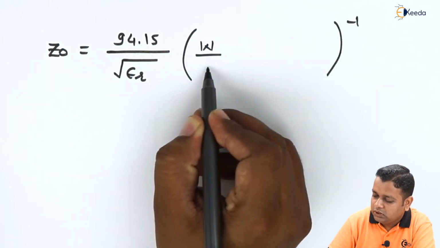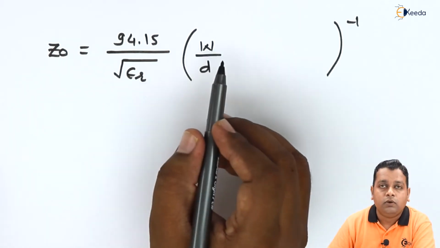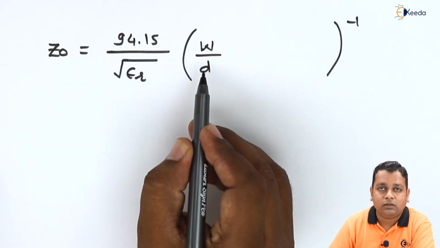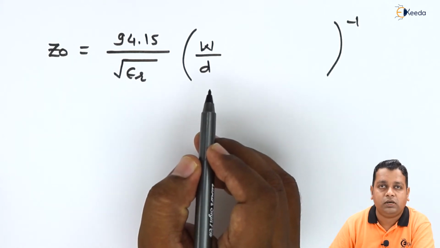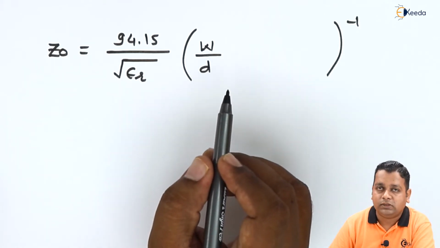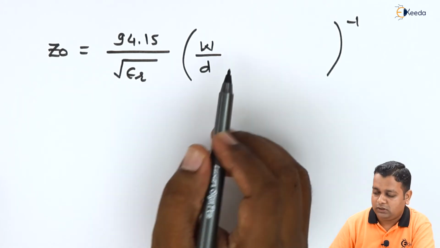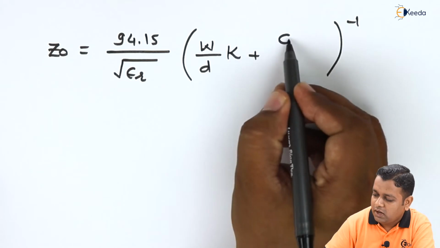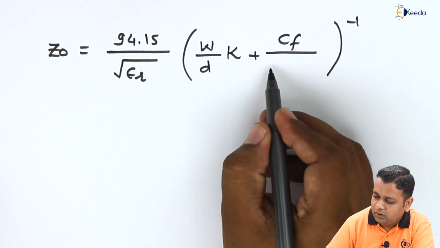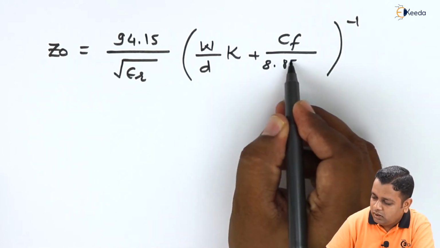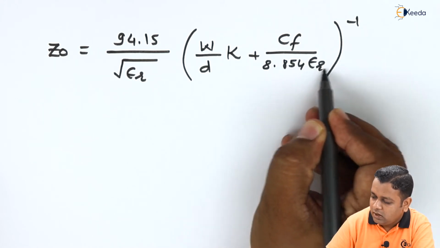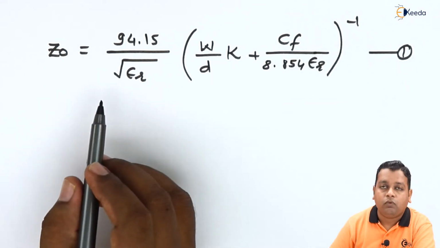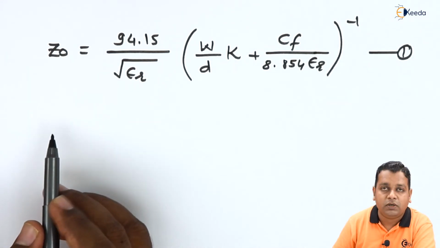The first term is the ratio W by d, where W is the width of the strip conductor, whereas d is the height that separates the two shielding planes that protect the strip conductor. This is multiplied by capital K, and further it is added to C suffix F divided by 8.854 times epsilon r. Let us say this is equation number 1 for the corresponding characteristic impedance.